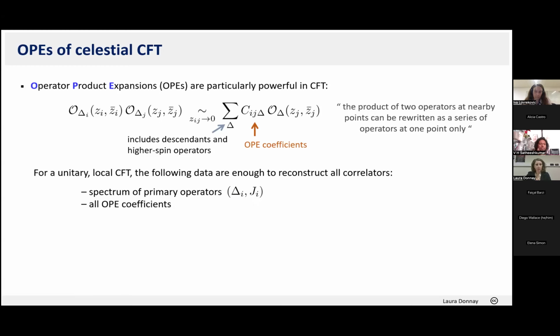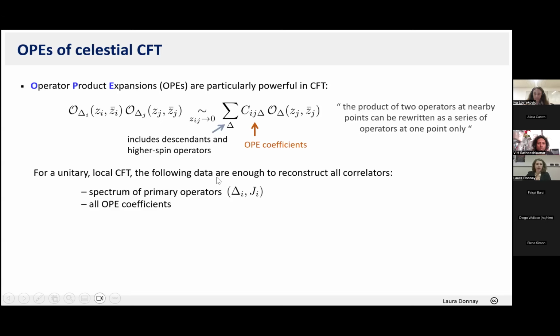Well, because for a unitary local CFT, the following data are enough to reconstruct all correlators: all these OPE coefficients together with the spectrum of primary operators, namely the knowledge of all the conformal dimensions and spins.